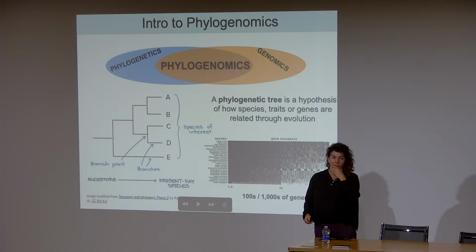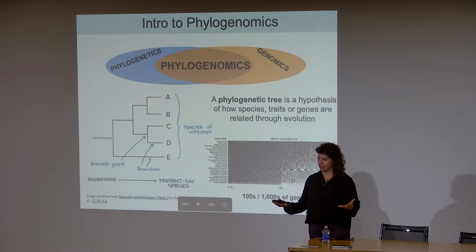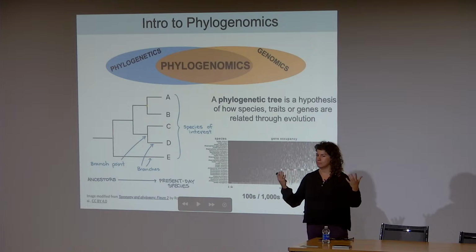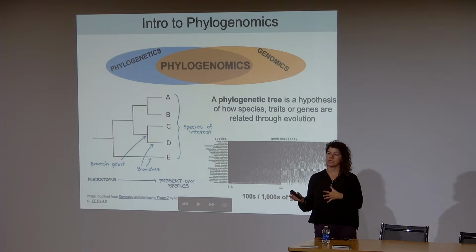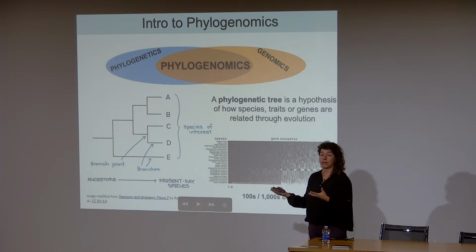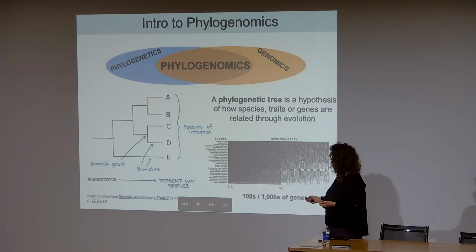Later on, pretty much at the beginning of the century, people started to have access to genomes, transcriptomes, massive genomic information. So there was another transition from a single gene or a handful of genes to hundreds and thousands of genes. And this is what we call phylogenomics.